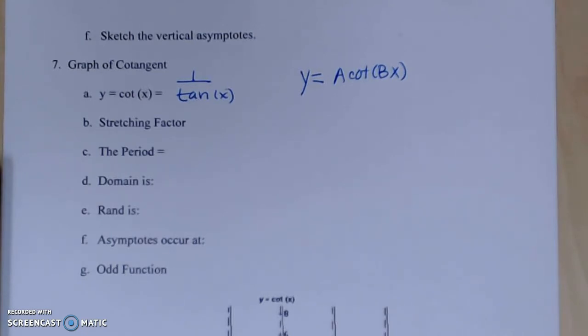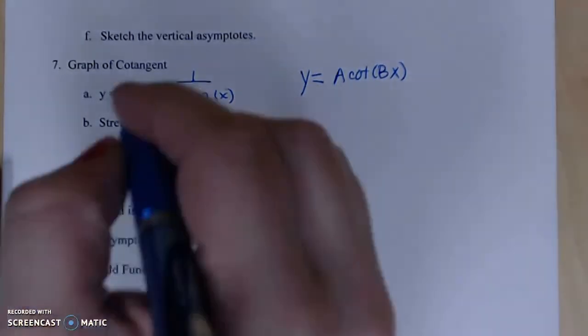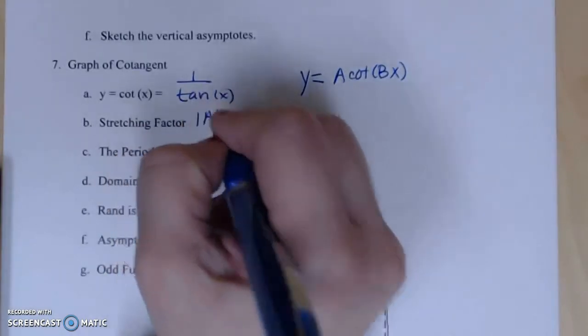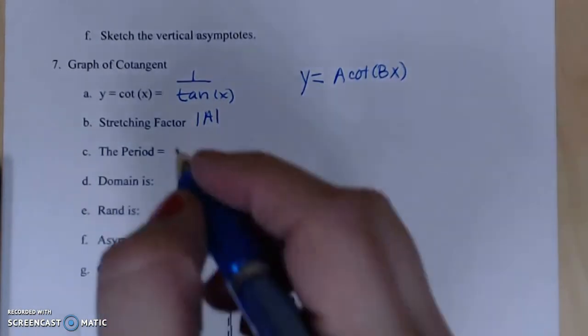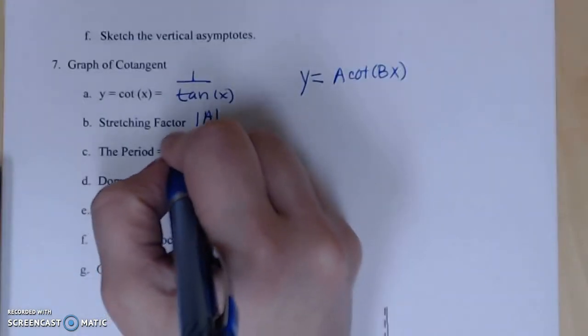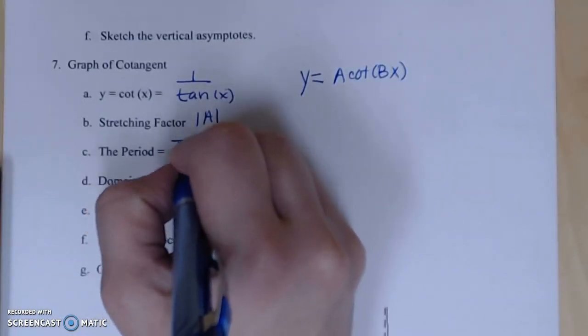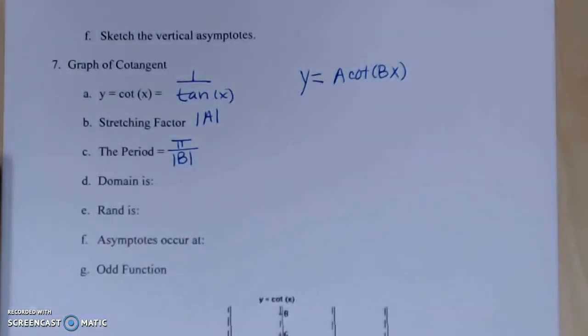So that's why they broke that into 2 parts. And so first of all, you can imagine the stretching factor is absolute value of A. Pretty routine here. Your period is going to be equal to pi over the absolute value of B, because consider your period of tangent, it was based off pi as well.